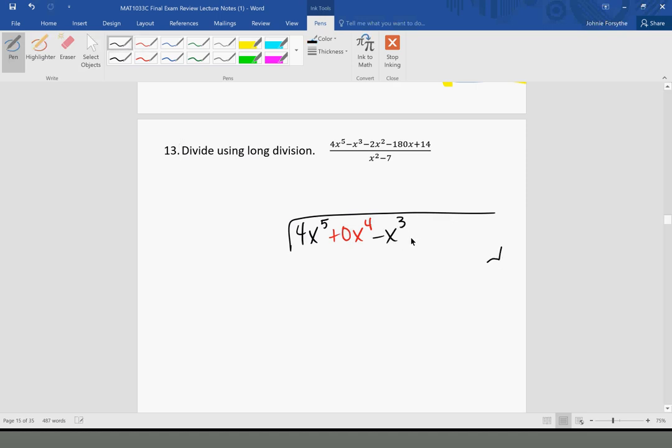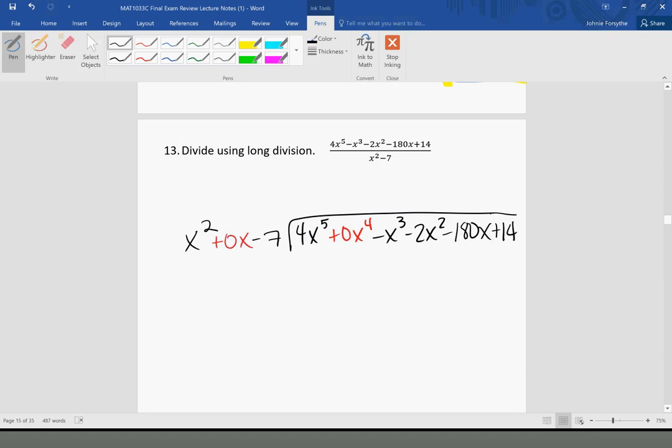Minus x to the 3rd minus 2x squared minus 180x plus 14. And now the denominator is our divisor, and it's going to go out here: x squared. Again, it skips an x term, so we're going to put plus 0x minus 7.